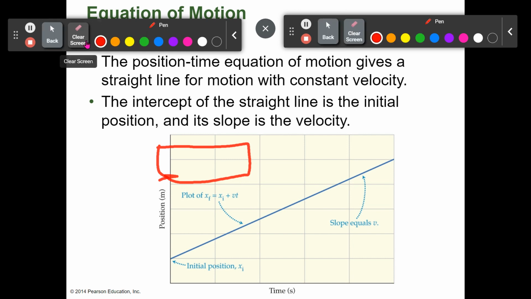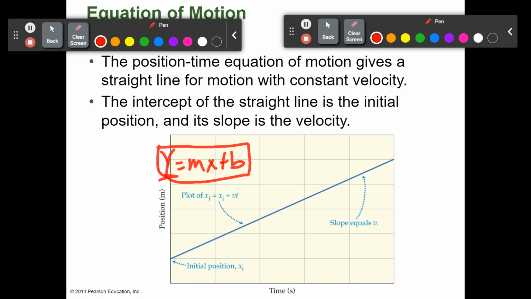Just a linear equation. I'll put it in my box. y equals mx plus b, right? So y would be my final position, b would be my initial position, m would be my slope, which goes to velocity here, and x would be my time.